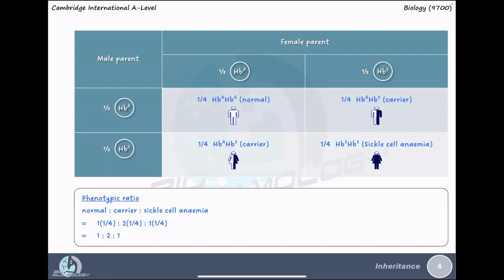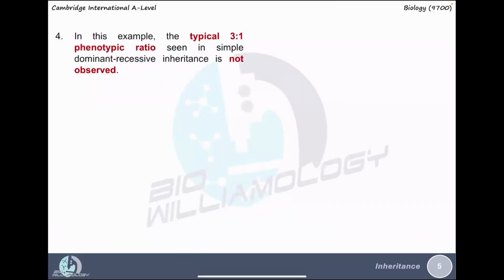We wouldn't get Mendel's typical ratio of 3 to 1 in this case, because the carrier is a new phenotype. In this example, the typical 3 to 1 phenotypic ratio seen in simple dominant-recessive inheritance is not observed.